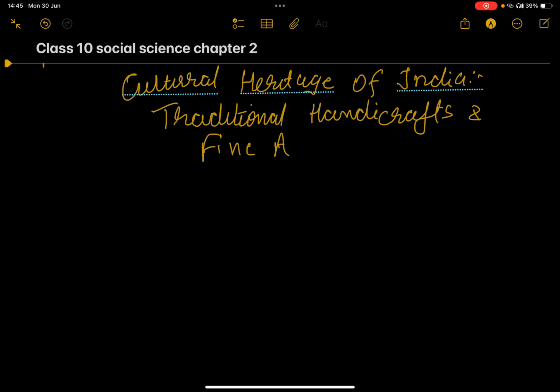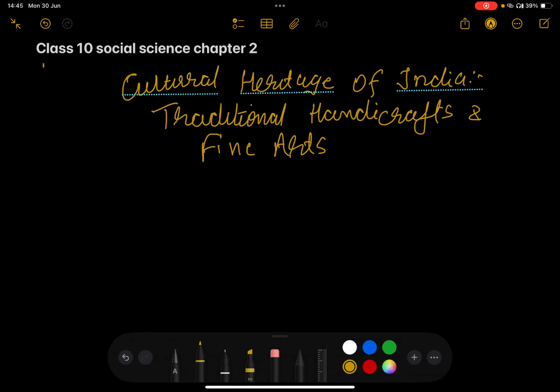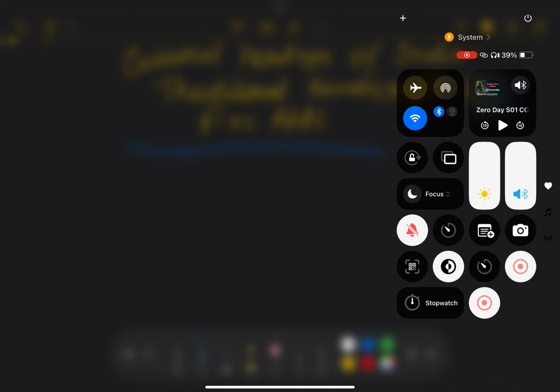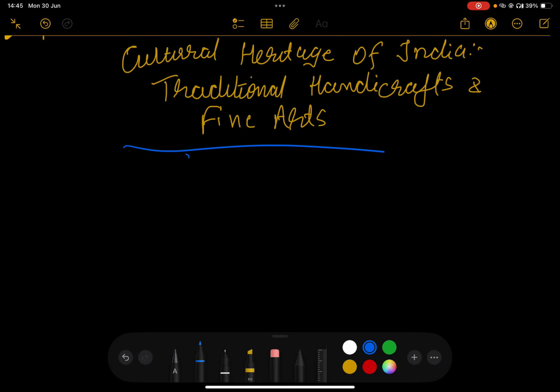The name of the chapter itself is very big, but let's carry forward. Things that we are going to discuss here are the cultural heritage of India. In the last chapter, you might have studied what is culture and what is heritage. So let's try to understand this chapter.